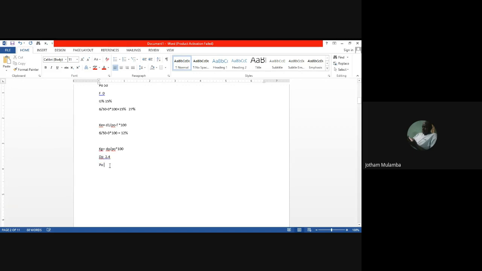And P naught is how much? What is the market value per share for preference shares? 25. So now let's substitute. It is 2.4 divided by 25, and we multiply by 100.